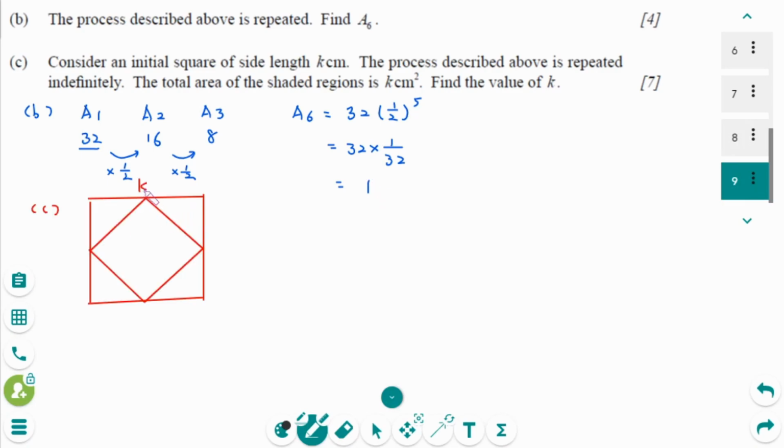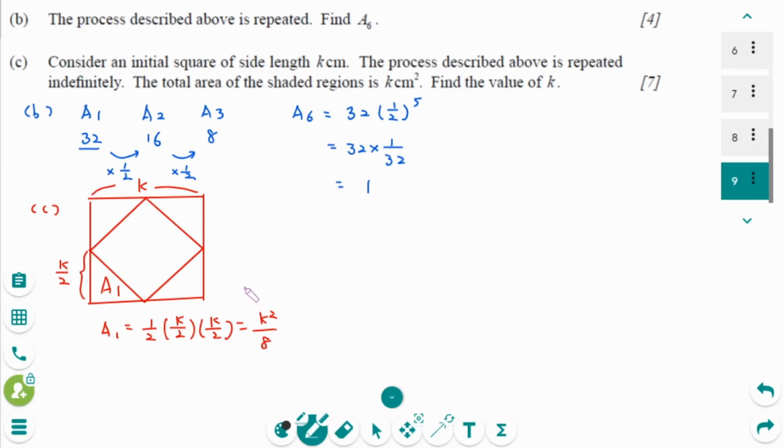If this side is k, then this length is k over 2. Then the area of the first triangle A1 equals 1 over 2 times k over 2 times k over 2, which is k squared over 8.